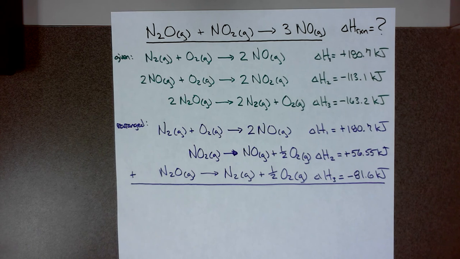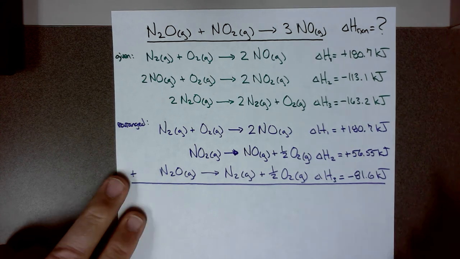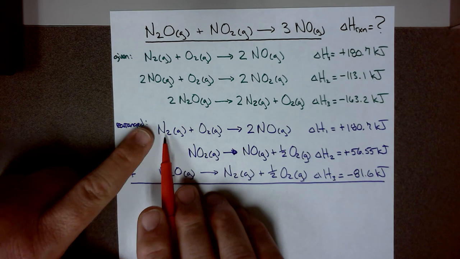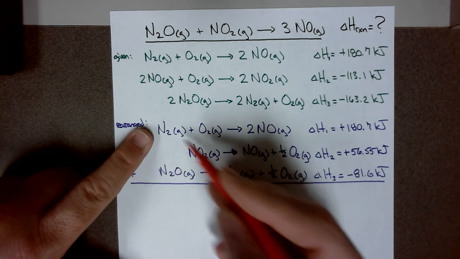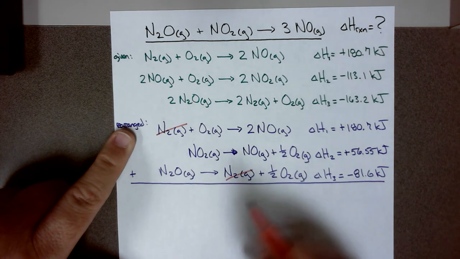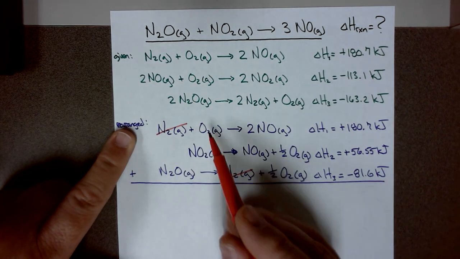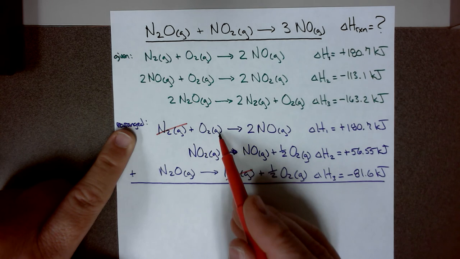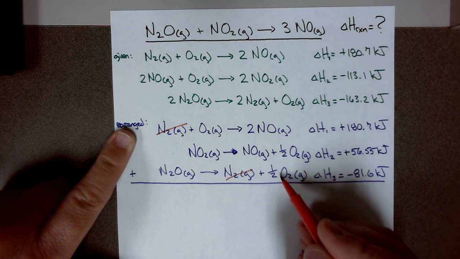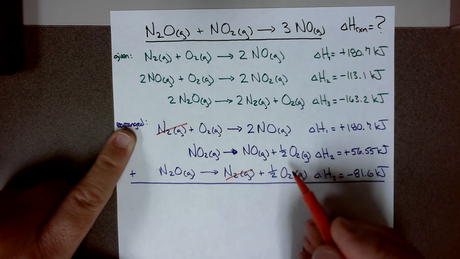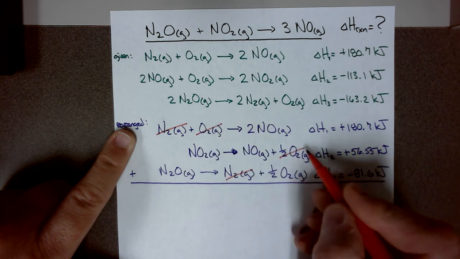Okay, so let's go through and start canceling. I have an N2 as a reactant, and this N2 is a product, and it's only 1 mole, so that cancels. I have 1 mole of O2 here as a reactant, and then 1/2 of a mole and 1/2 of a mole makes 1 mole of oxygen as product, so this one cancels both of these.